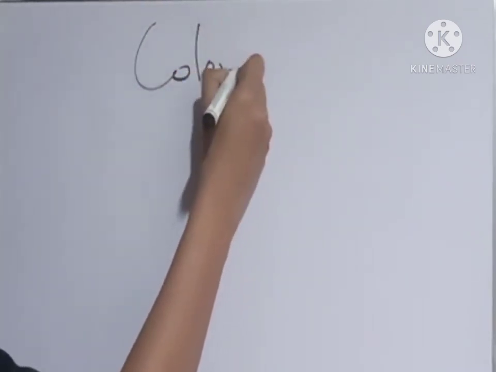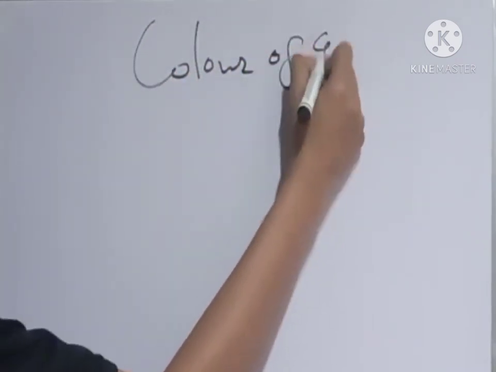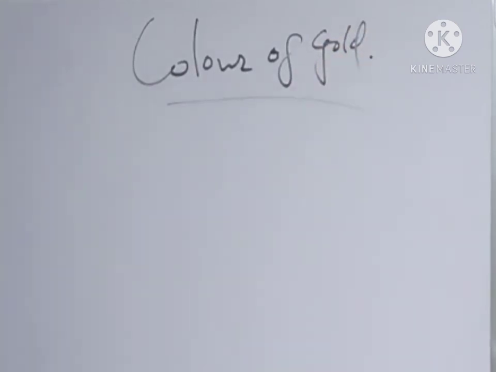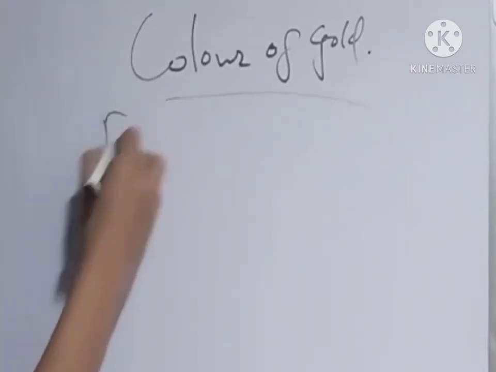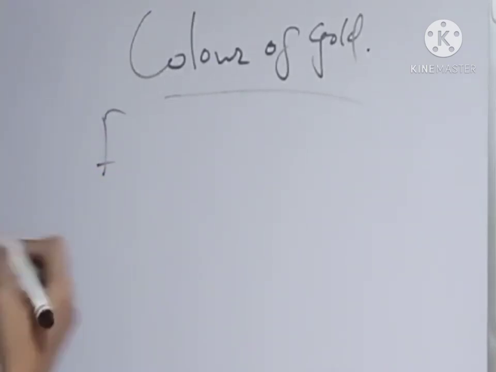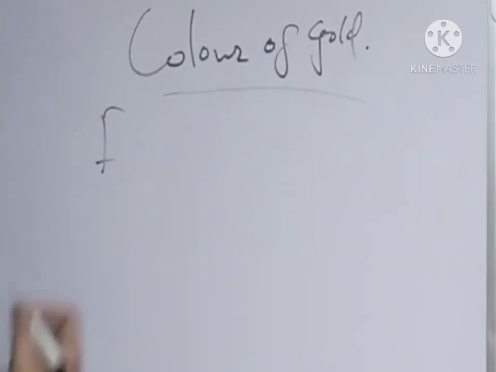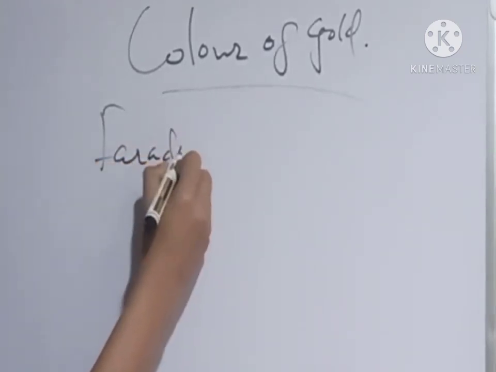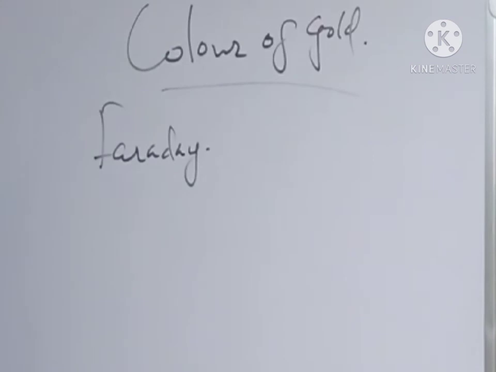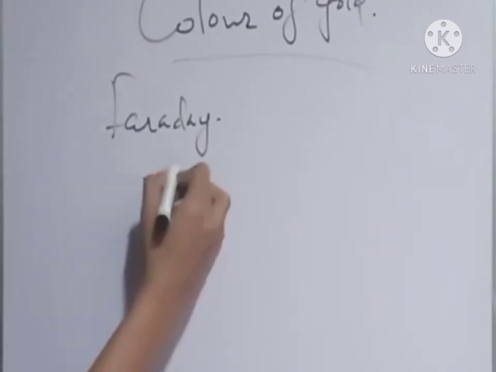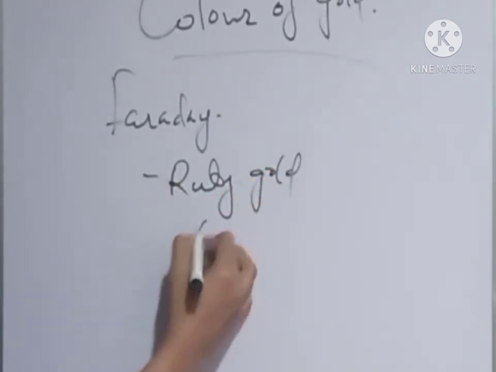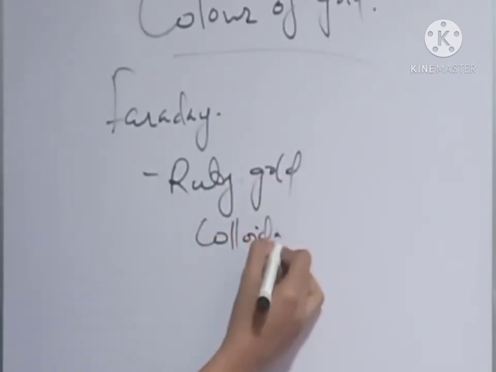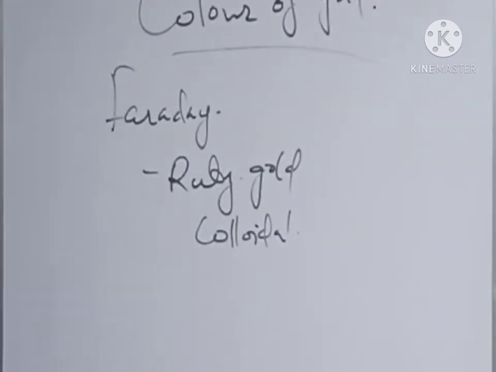Then if we talk about the color of gold nanoparticles, it was experimentally found out by Faraday. Faraday proposed that the ruby color of gold is due to the colloidal formation of gold nanoparticles.